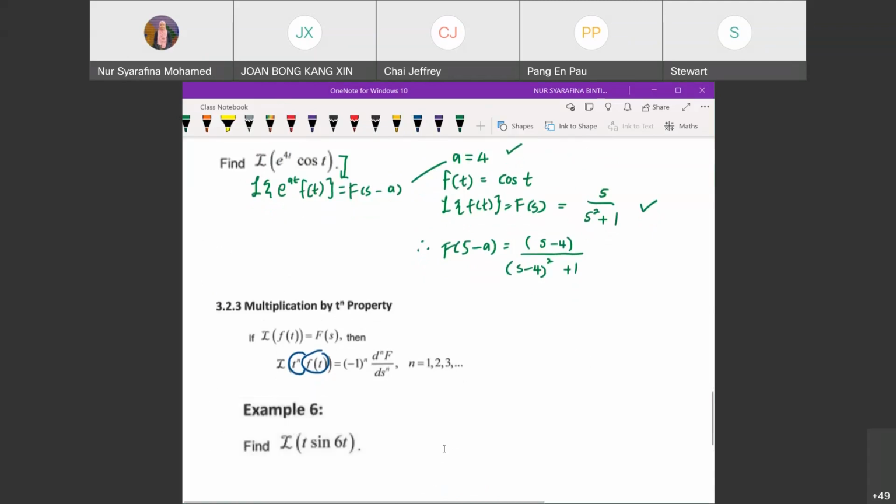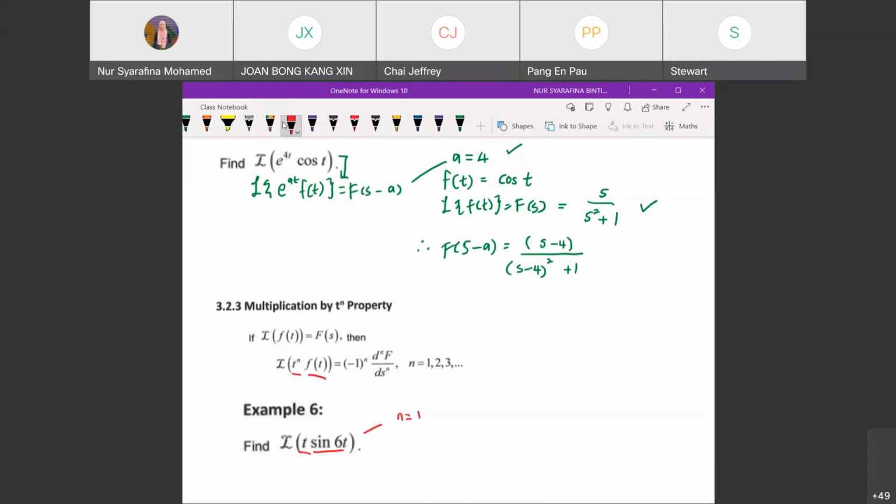Now as you can see, it is a combination of f(t) multiplied with t to the power of n, where n equals what? n equals 1, right? Now when you have a combination of t to the power of n times f(t), the transformation becomes (-1) to the power of n, d^n F over ds^n.